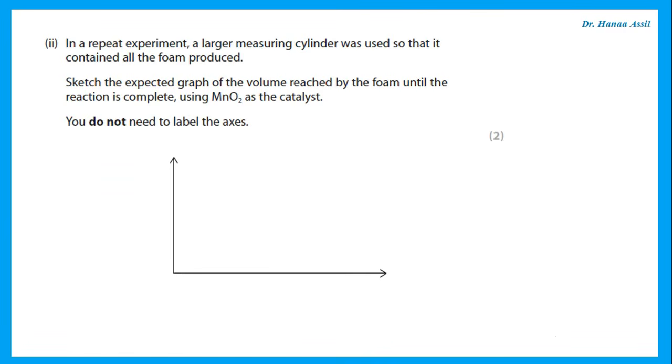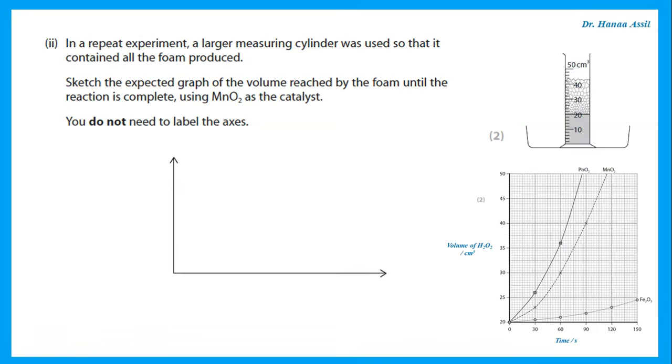In a repeat experiment, a larger measuring cylinder was used so that it contained all the foam produced. Sketch the expected graph of the volume reached by the foam until the reaction is complete using manganese dioxide. So where is the graph for manganese dioxide? Can you see it?